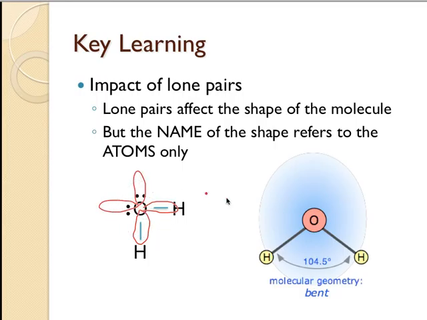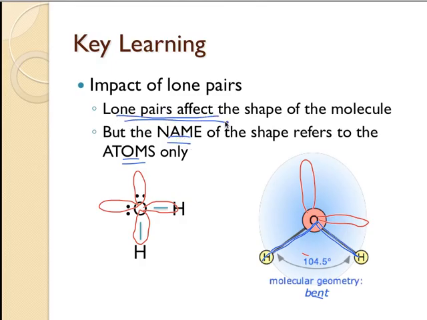So these electron domains affect the shape. 4 electron domains make the electron domain shape tetrahedral. But because you only look at the shape of the actual atoms that are bonded, for this molecule you're just looking at this, and this is called a bent shape. So the name of the shape refers to the atoms only.